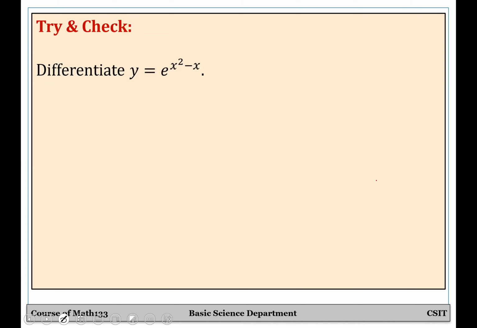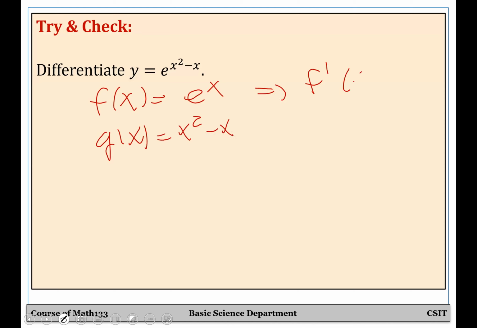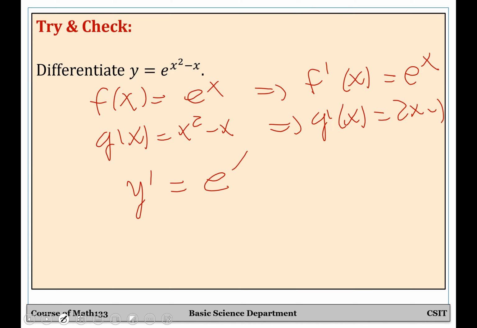Another application of the chain rule, so f of x is equal to e to the x again here, g of x is equal to x squared minus x. The derivative of e to the x is the same, and derivative g prime of x is 2x minus 1. So y prime will be e to the x squared minus x multiplied by 2x minus 1.